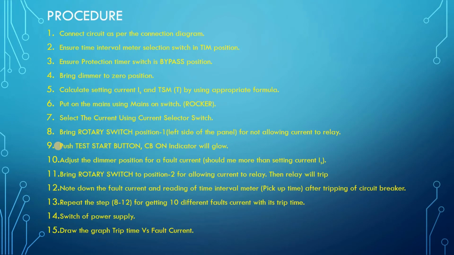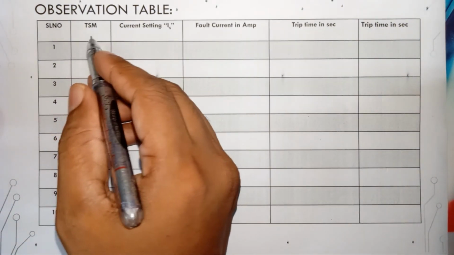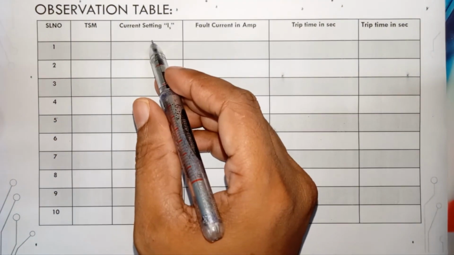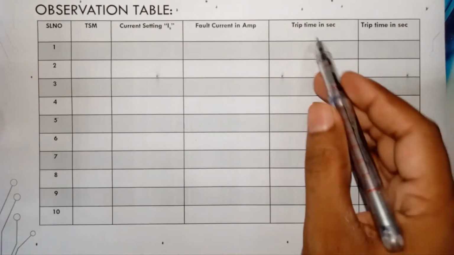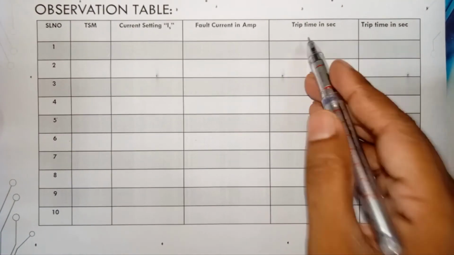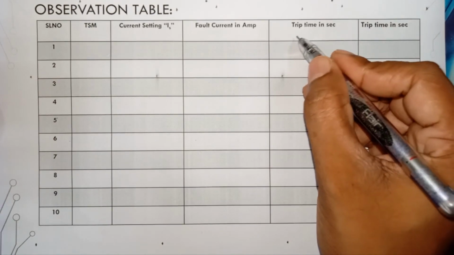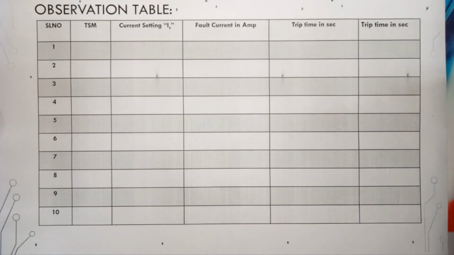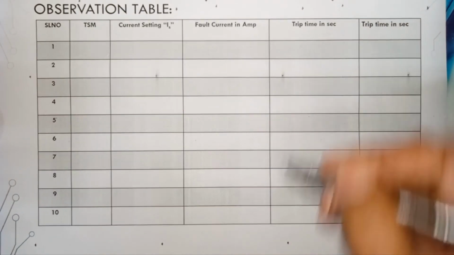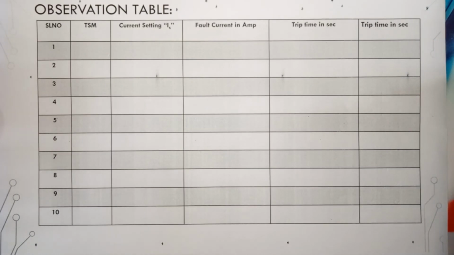So if you see the observation table here, we need TSM, IS, fault current, trip time in seconds. These two may be required for the calculation of trip time using an electromechanical relay, but here we directly note down the trip time, because in our numerical overcurrent relay we cannot predict the trip time by seeing the relay.